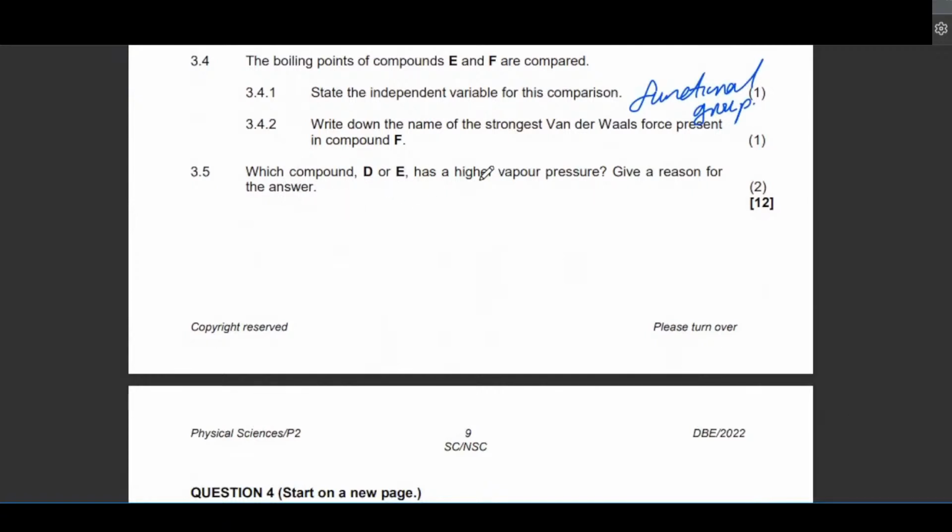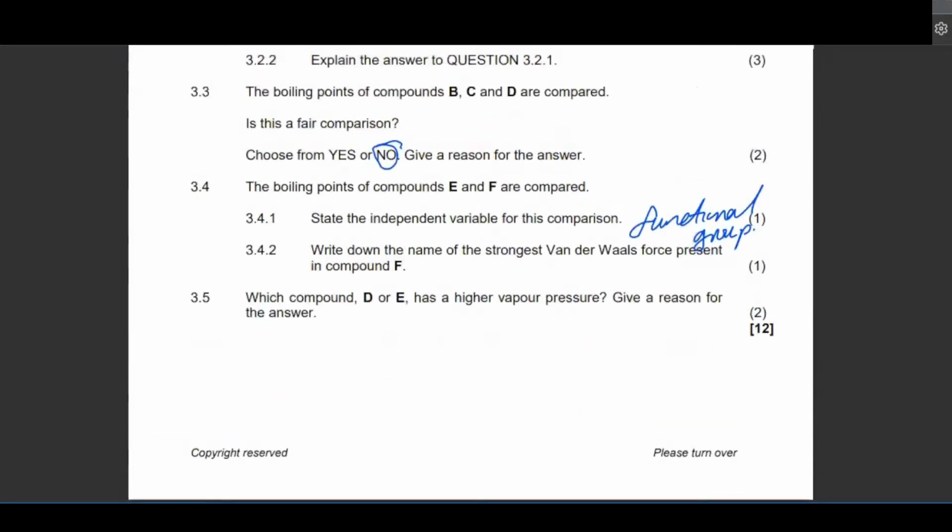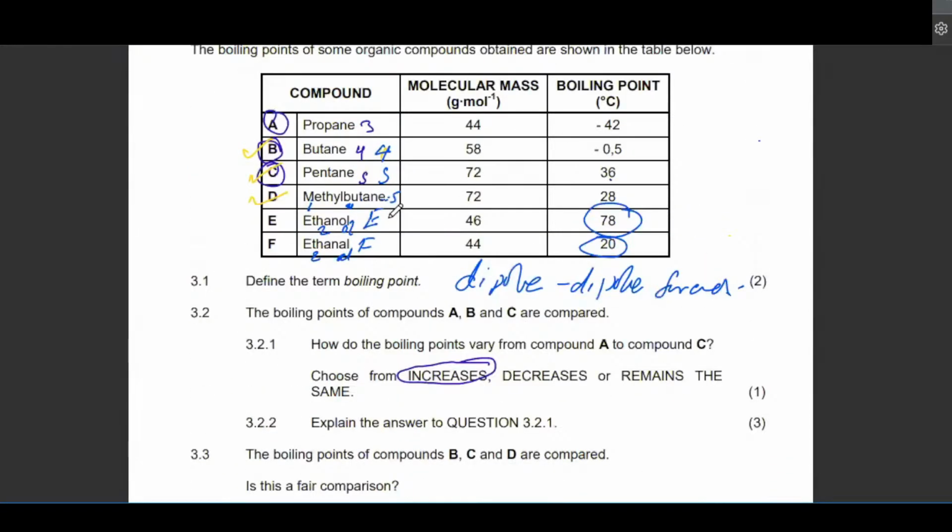Which compound, D or E, has the highest vapor pressure? And give a reason for your answer. D and E. D, this one, and E. Check the boiling point, then it will determine the vapor pressure, how much vapor is going to be produced. So this one is 28, or this one is 70. The higher the boiling point, the lower the vapor pressure, and the lower the boiling point, the higher the vapor pressure.